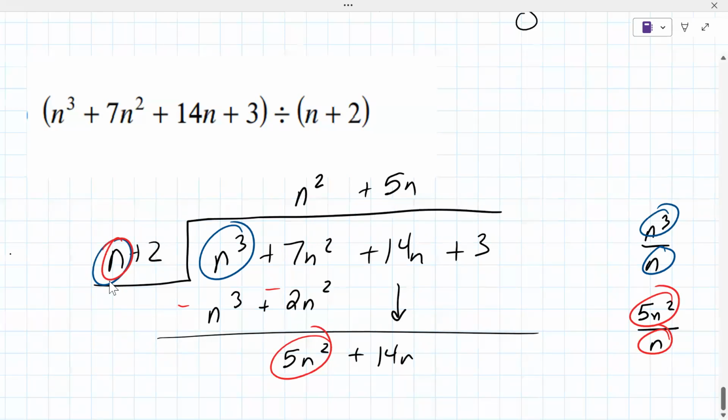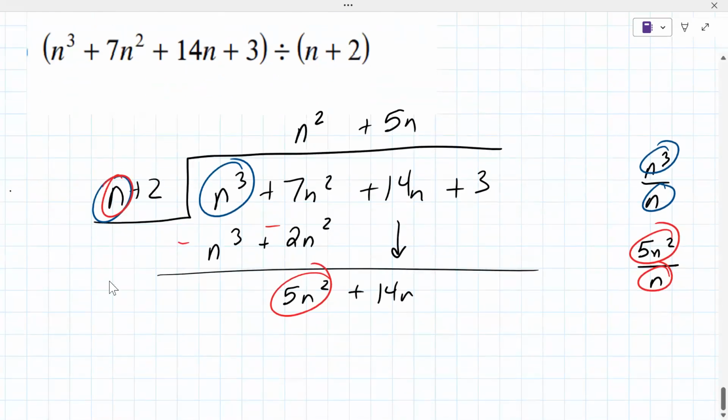Wait, sorry. So you put it up there. What did we do with the n squared?